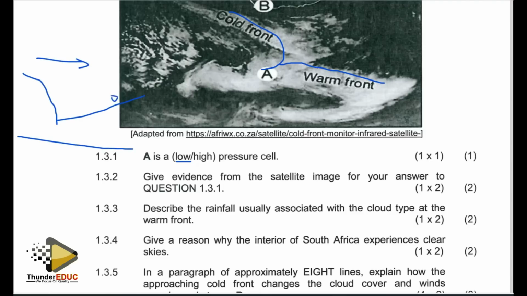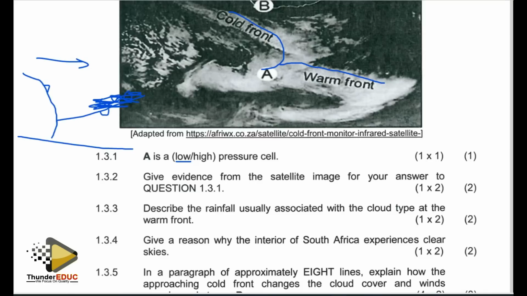So we are looking at the clouds that develop along, we are saying this is our cold front, indicated by this, and this is our warm front, indicated by this. We want the type of clouds that develop around this area here, which is the area along the warm front.